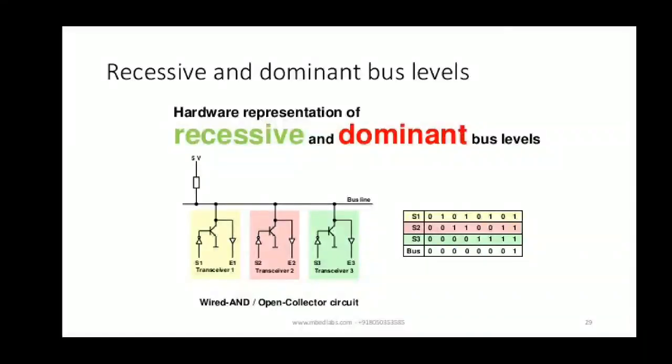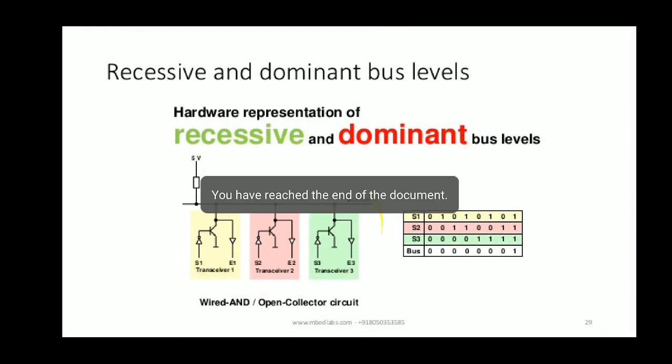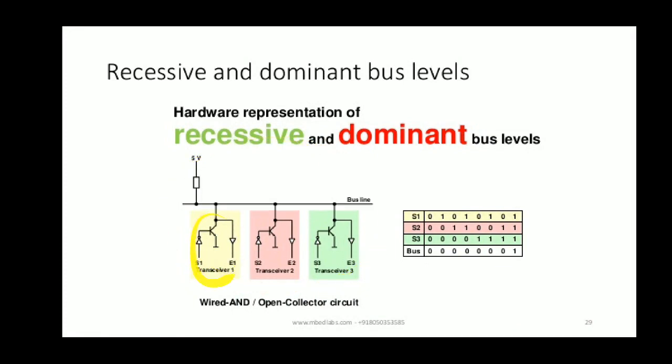In order to understand the dominant and recessive modes of the CAN bus, we can consider this diagram. Here we can see that there are three CAN nodes, and these are the transceiver blocks. Each transceiver is connected to a bus line, and this bus line is connected to plus 5 volt through a pull-up resistor.